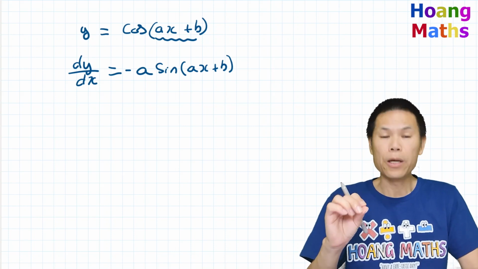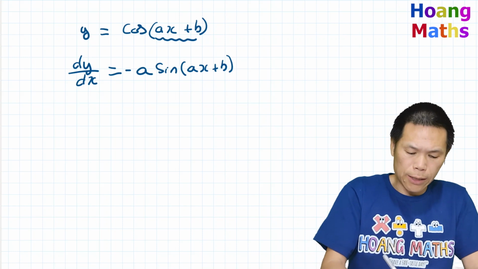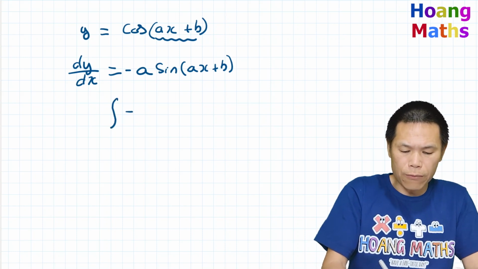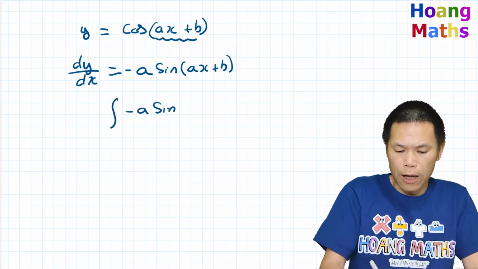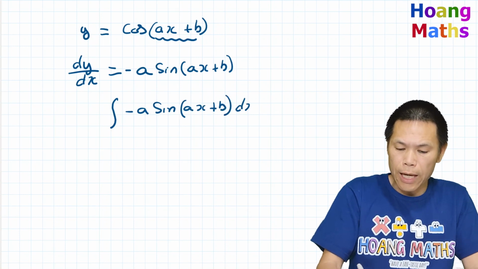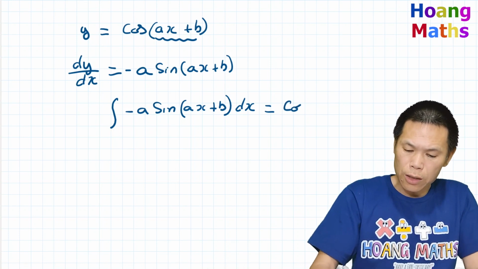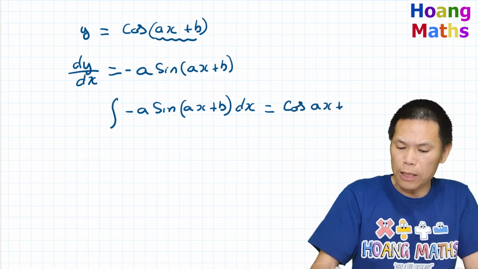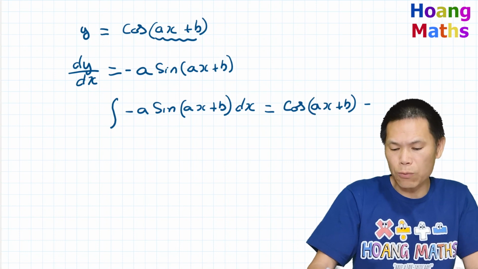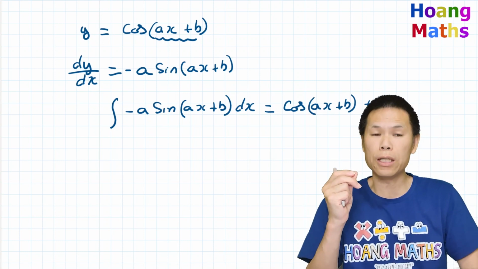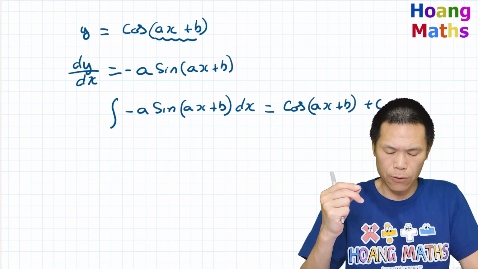So there you go. Therefore, if I integrate negative a sine of ax plus b dx, that will give me cos of ax plus b. And don't forget, we need to add a c because we are dealing with indefinite integrations.